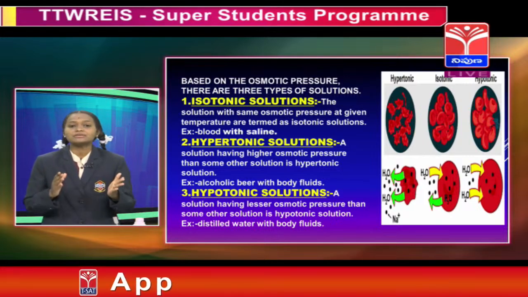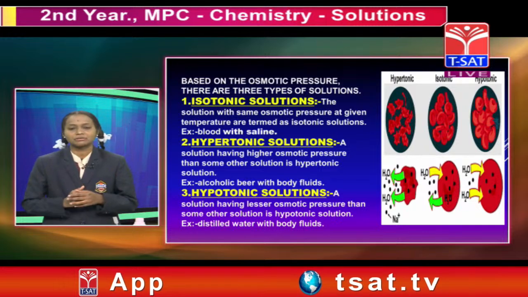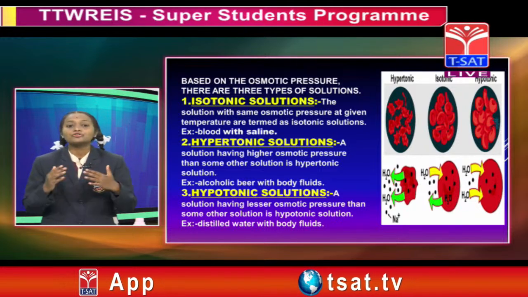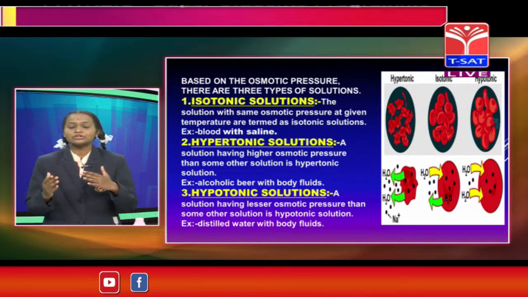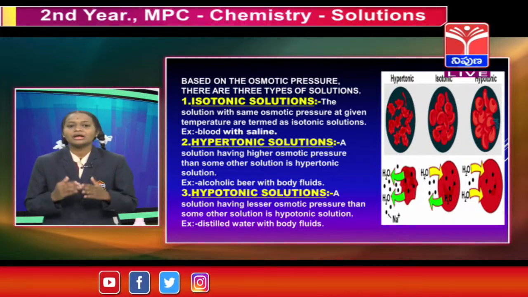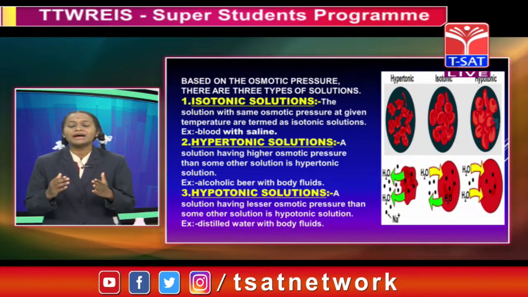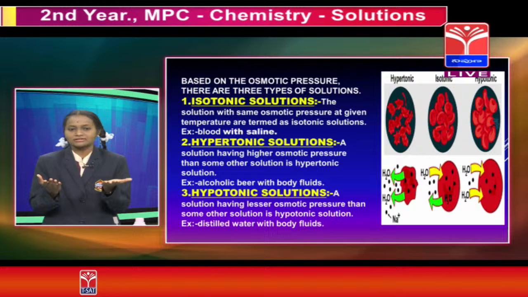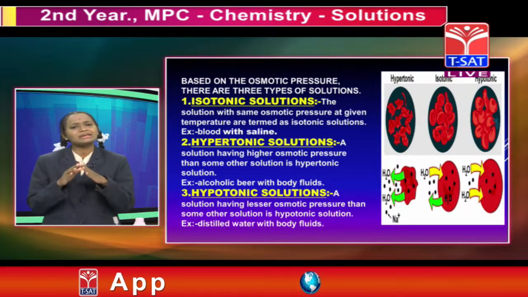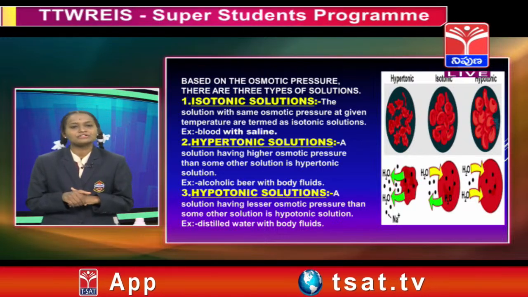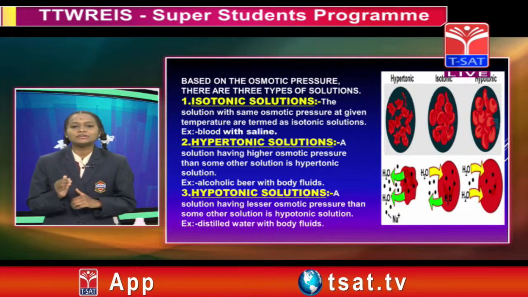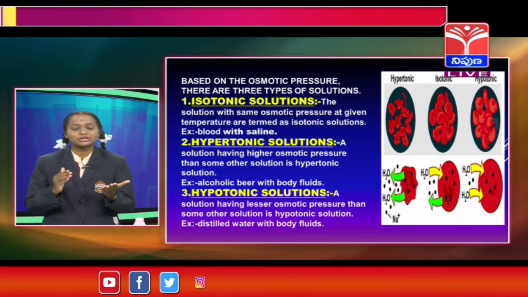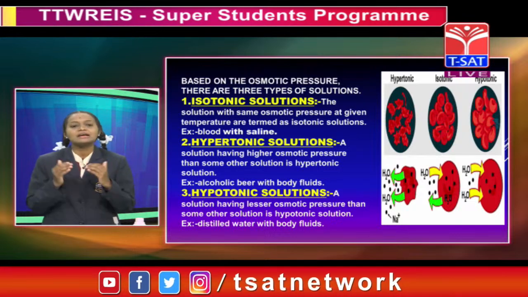The osmotic pressure, because these 3 types are based on osmotic pressure. Solutions with the same osmotic pressure at a given temperature are termed isotonic solutions. If you consider any 2 solutions and the osmotic pressure is the same, such solutions are called isotonic solutions. Blood with saline: the osmotic pressure of blood and saline is the same.